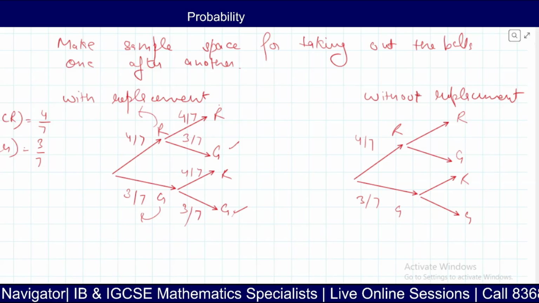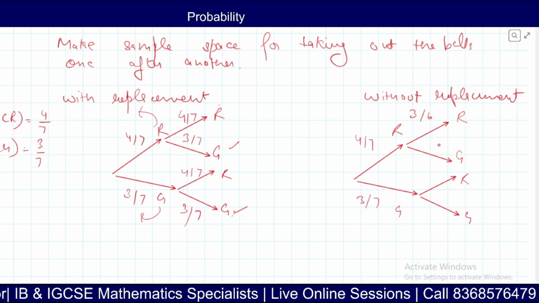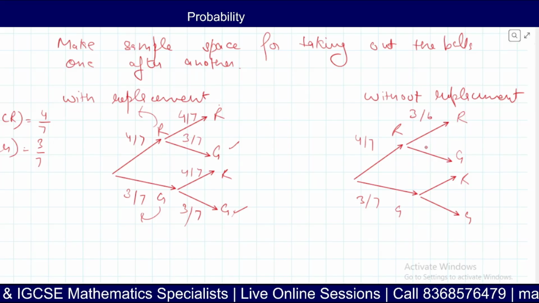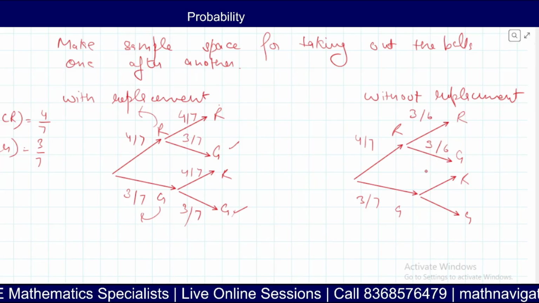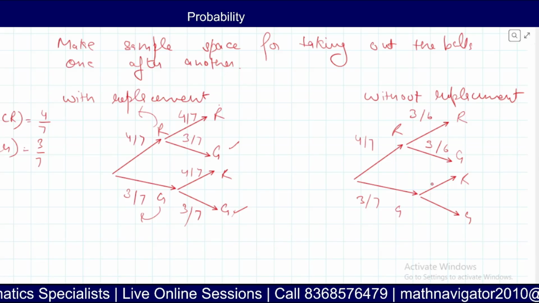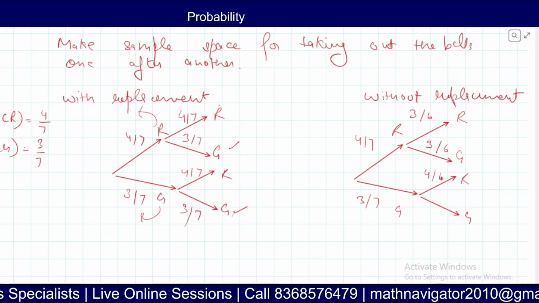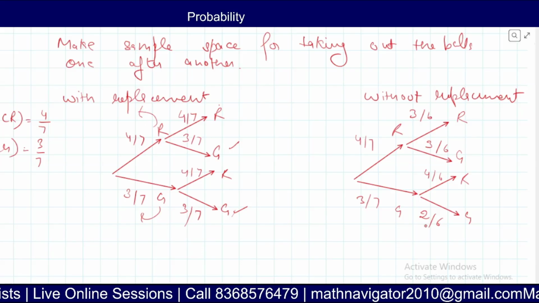So the total number of balls becomes 6, and the probability of red becomes 3 by 6, and probability of green becomes 3 by 6. Right? Clear? Now, if the first ball is green, then the probability of red is 4 by 6 and probability of green is 2 by 6.